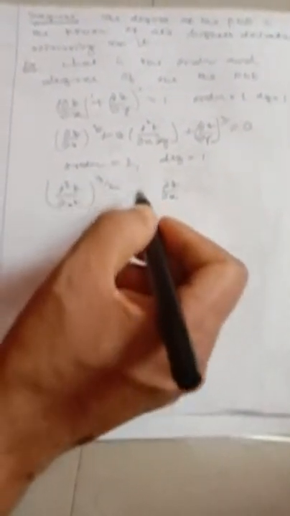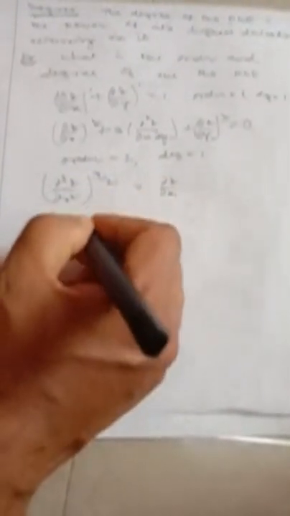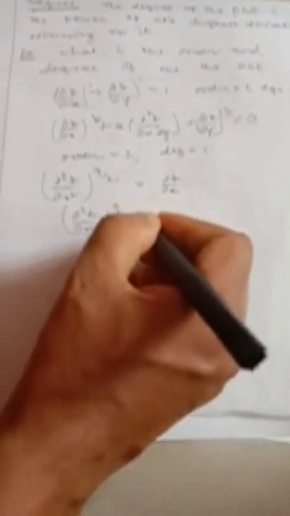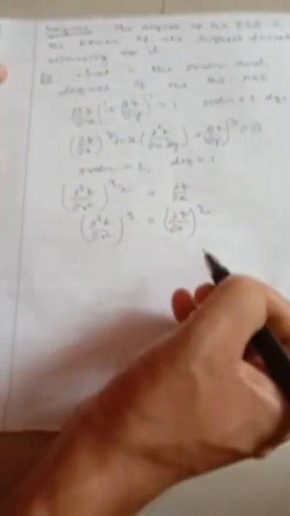Similarly, if I say dou square z by dou x square to the power 3 by 2 is equal to dou z by dou x. Now if the power is a rational number, then first you rationalize that one: make square on both sides, so you will get dou square z by dou x square whole cube equals dou z by dou x whole square.